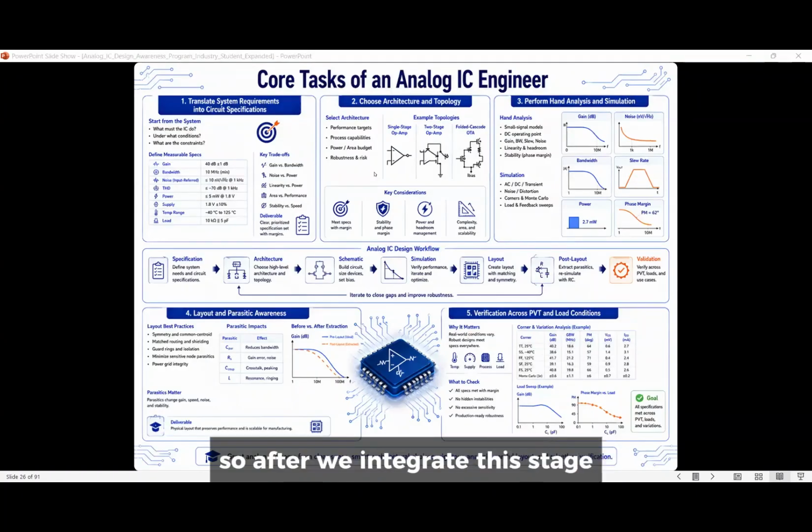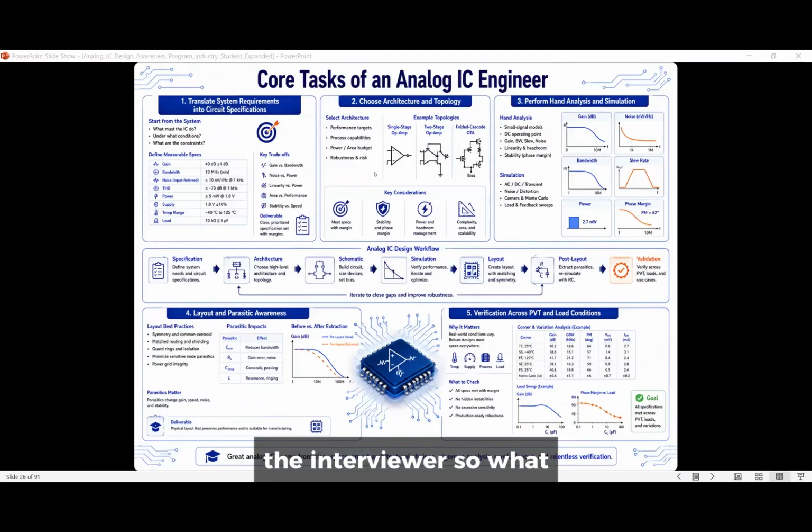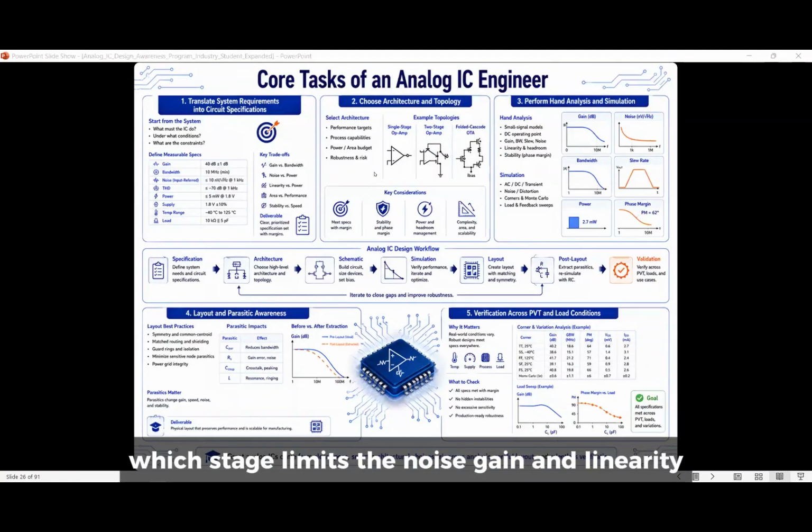Okay, so after we integrate this stage, what will be the eventual limitation? What is the noise performance and linearity performance? What is important is that we must tell the interviewer clearly which stage limits the noise, gain and linearity.